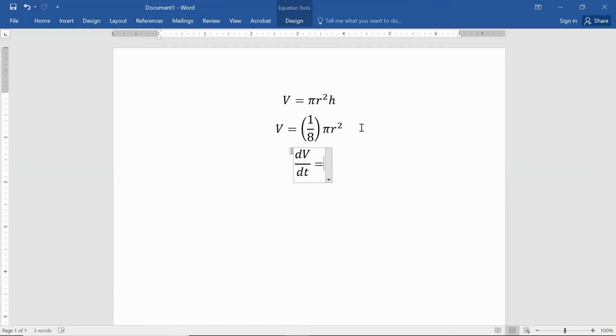Because this variable r is inside a squaring component, I have to take that 2 out front, which gives me a 1/4. So that's just 2 times 1/8, multiplied by pi r to the first power. And then I can multiply times the derivative of my inside function with respect to t. So I take the derivative and then I have to multiply times the derivative of the inside function.